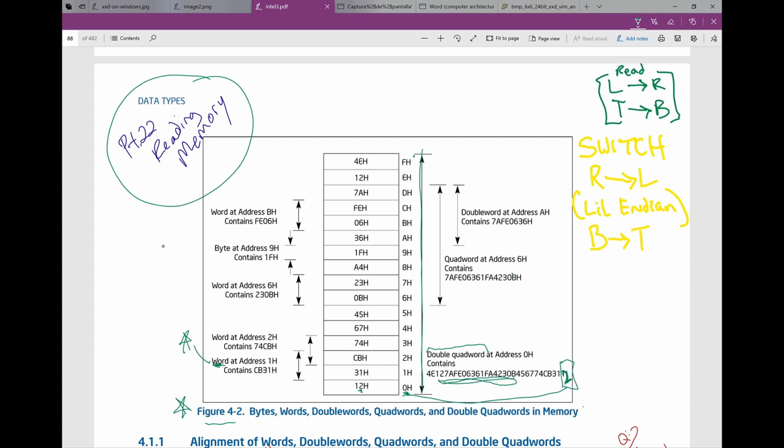I should not try to get that value, which happens to be right here. As you can see, CB31, and guys, the H is for hexadecimal, so don't get stuck on the H. This 2-byte value is at a location that starts right here, but so is this value, or it's within this value because of this whole idea that it goes like that.